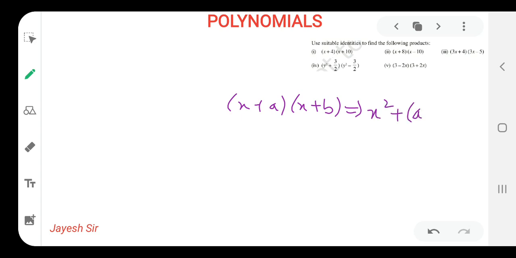The answer for that formula is x square plus (a plus b)x plus ab. So now we will put the values in this formula.